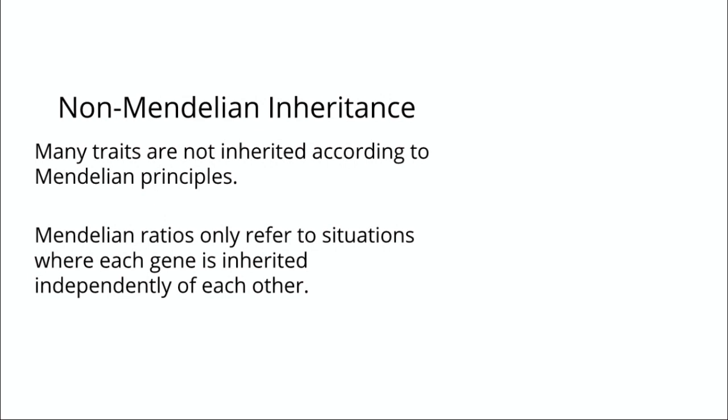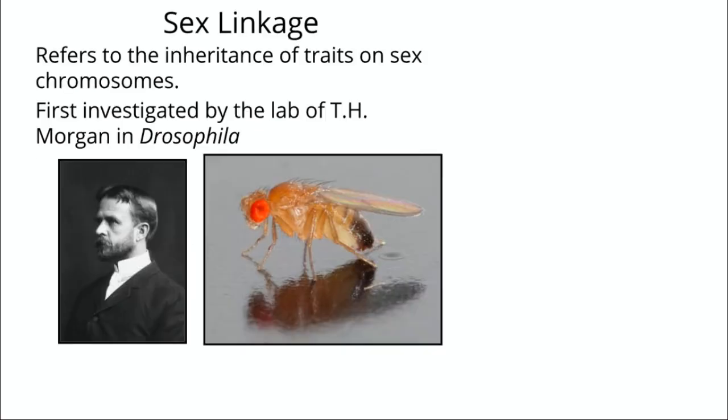Mendelian ratios only refer to situations where each gene is inherited independently of each other. So even though they're expressed and you have multiple alleles being expressed on the previous ones, like in codominance or incomplete dominance, each of those are inherited independently of one another.